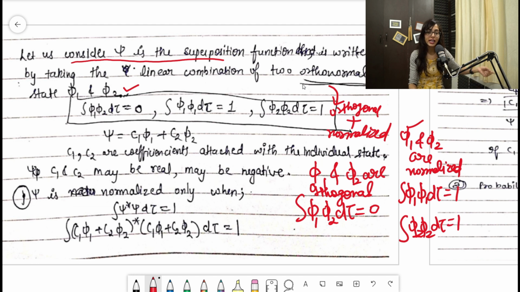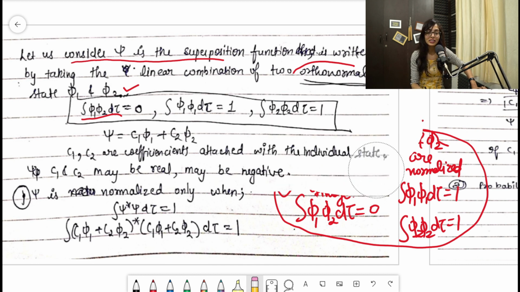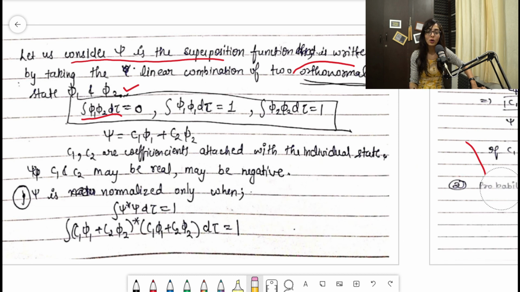If someone is saying that it is orthonormal, that means all these conditions will be satisfied. That means it will be satisfied for orthogonal and for normalized also. Can you see, I have written the same thing, that it is orthogonal also and normalized also. Orthogonal means this phi1 phi2 d tau integration is 0, and normalized means integration with itself, like phi1 and phi1 d tau, would be 1.